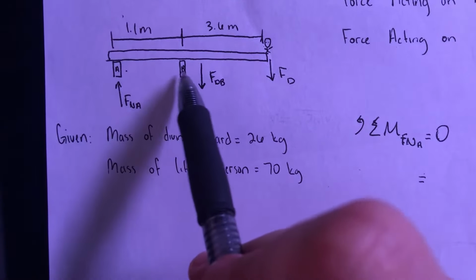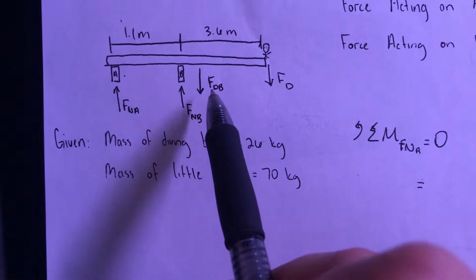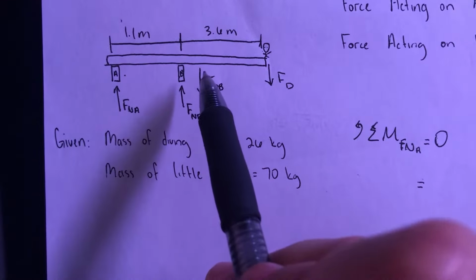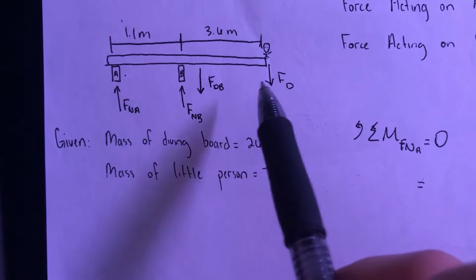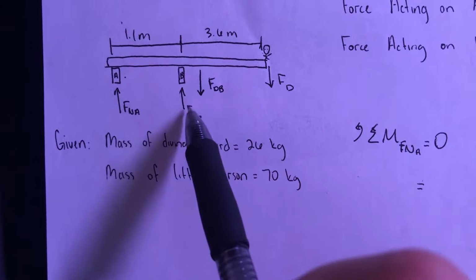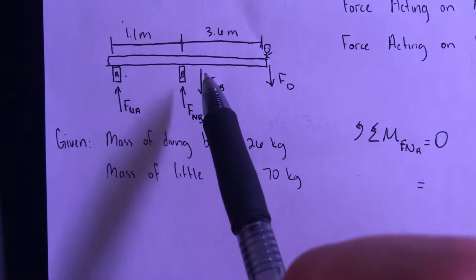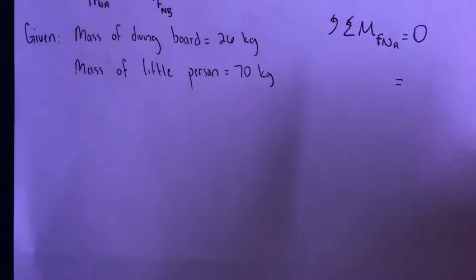So you'll find the moment about point B and about the force of the diving board at that point, and then of the diver. Essentially you're just going to take the force multiplied by the distance at which the force occurs. So we can go ahead and do that.